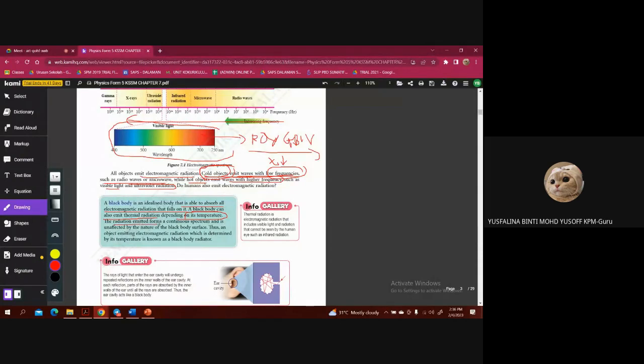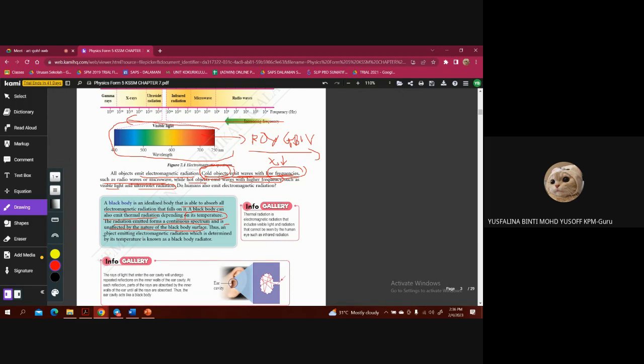The radiation emitted forms a continuous spectrum and is unaffected by the nature of the black body surface. It means that the size of the object or the type of material of the object does not affect it.